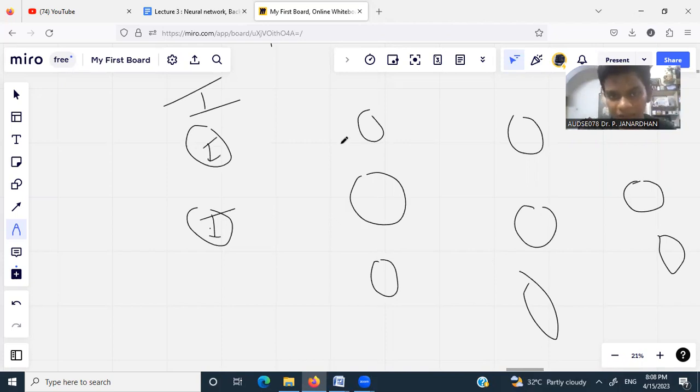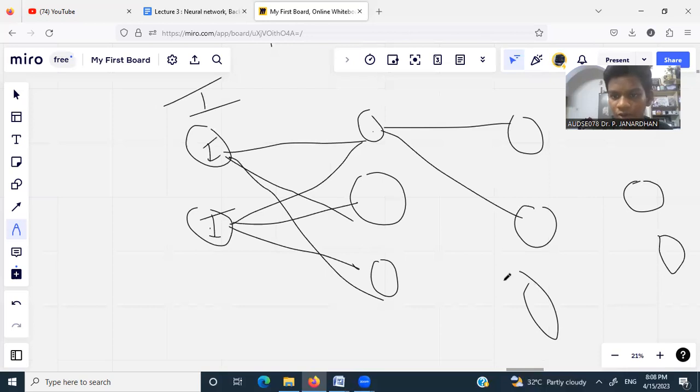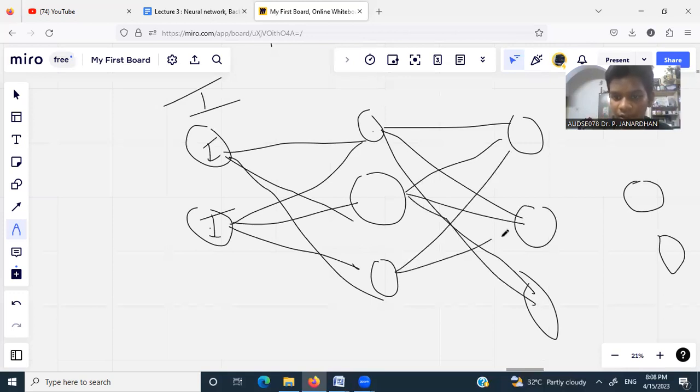We'll connect all these neurons. The connection means the output of this neuron will be passed to every neuron on the next layer. So here we have three layers, actually two hidden layers. I'll talk about the theory in just a minute.